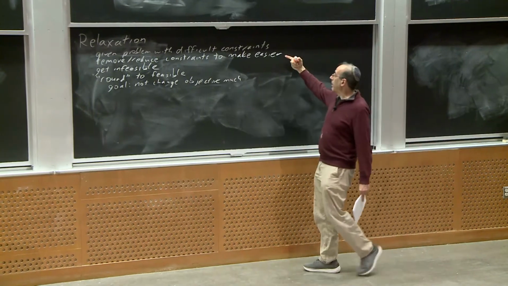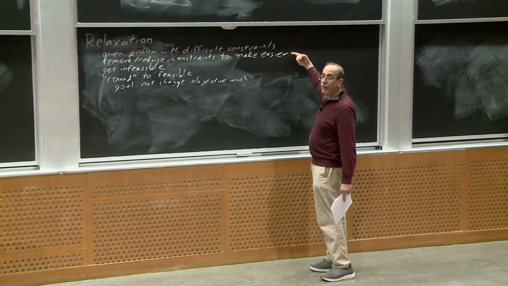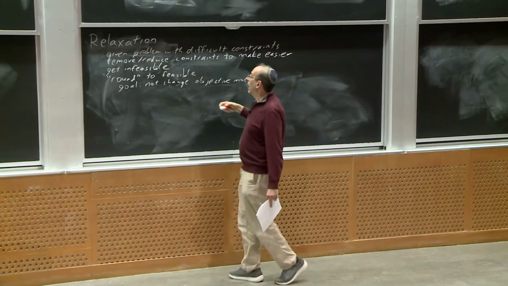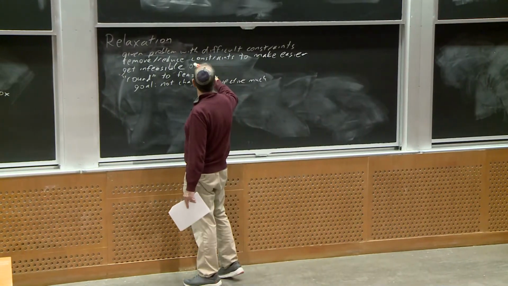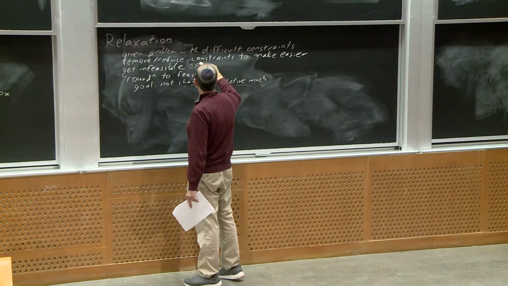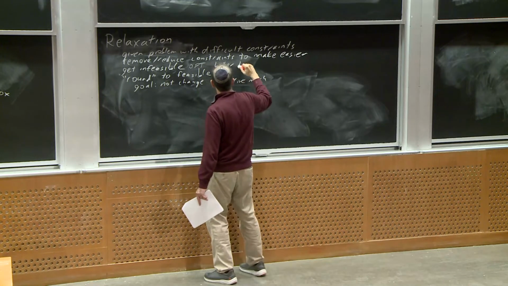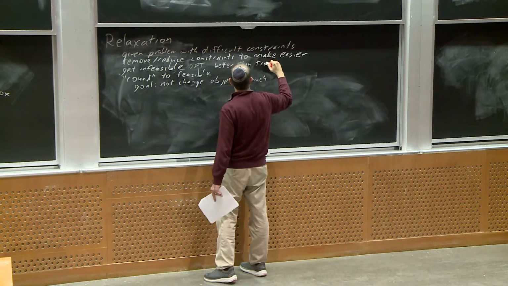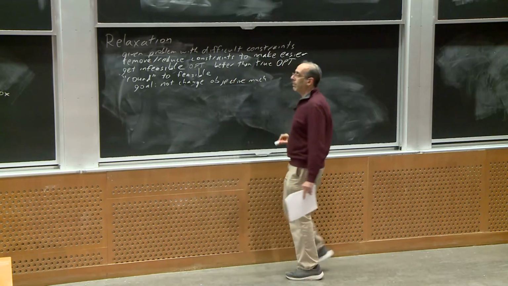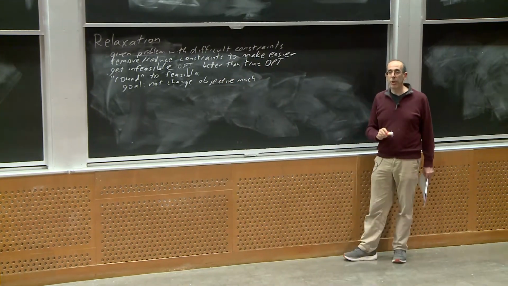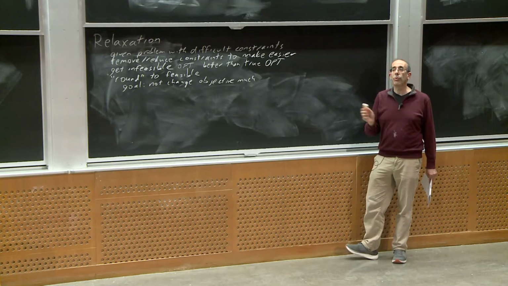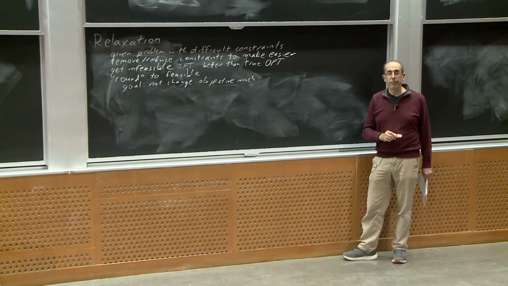You'll notice that we are removing constraints, right? So we get this infeasible optimum, which is better than the true optimum. Because if you remove constraints, it lets you improve on your objective.